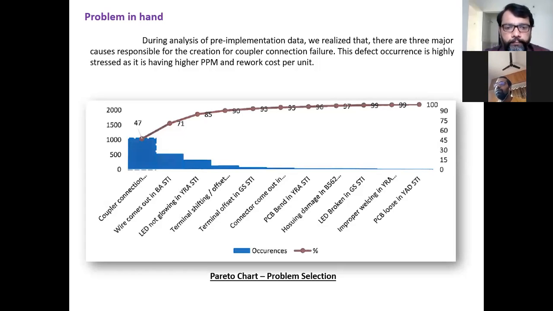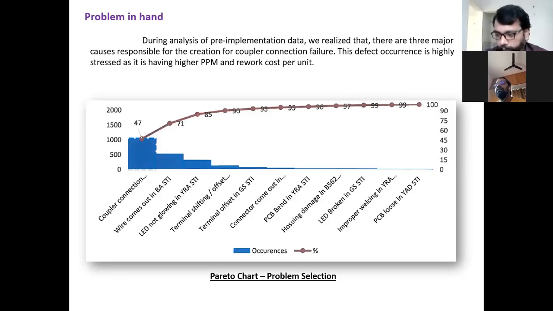When we dig into that problem, as you can see in the picture, this is the coupler connection where the coupler and the STI fit. If it is correctly fit, then the side indicator will blow here. And if it is not fitting, there will be damage, so it will not blow at all in the vehicle. We also observed that it is a safety issue.